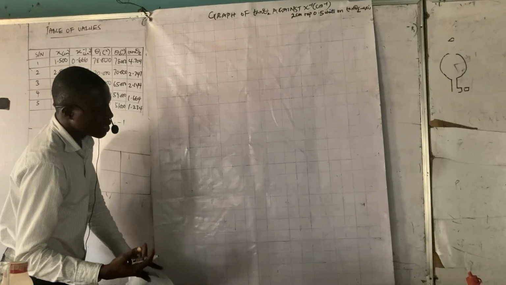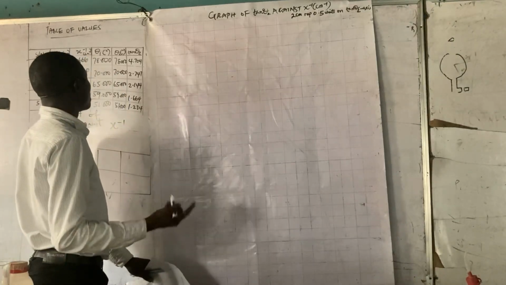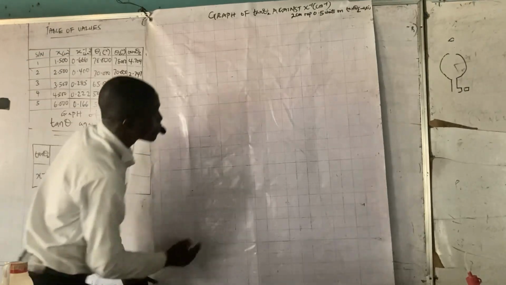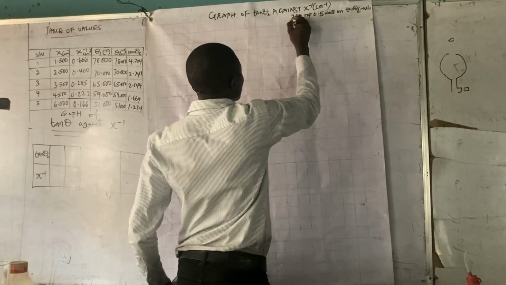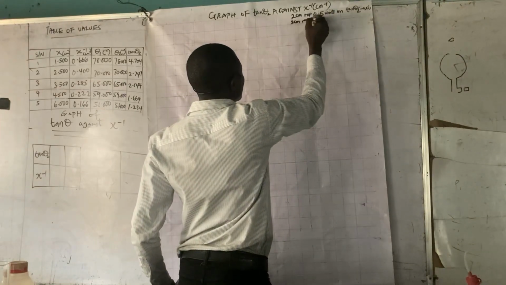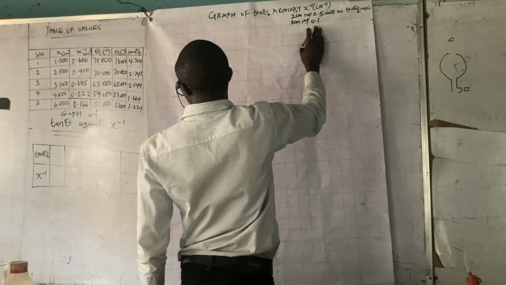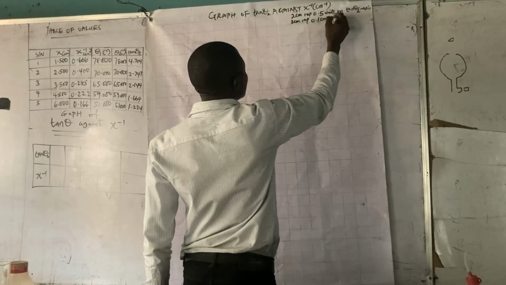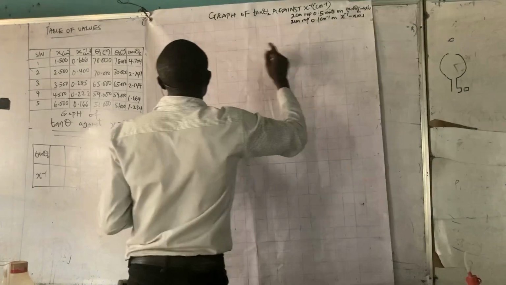Okay, let's use 0.1, 0.2, 0.3, so we'll be able to get to 0.7. So if we are using 0.1, this means 2 centimeters represents 0.1 per centimeter on the x inverse axis.